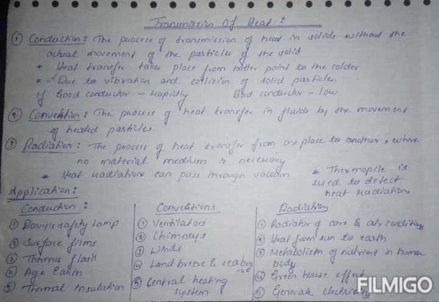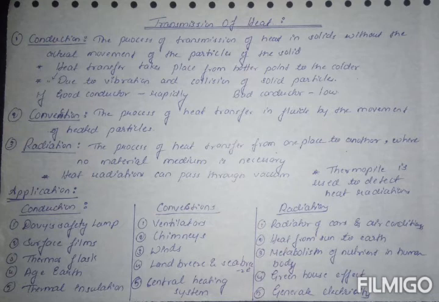It means heat is supplied to the solid, but in that solid the actual movement of particles will not take place. That is called conduction, where heat transfer takes place from the hotter point to the colder point, and the heat transfer is due to the vibration and collision of solid particles, not from actual movement.